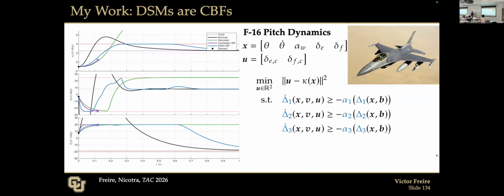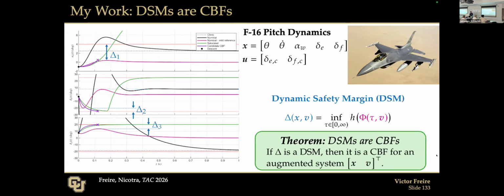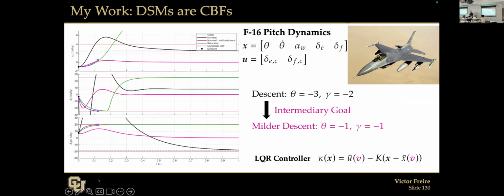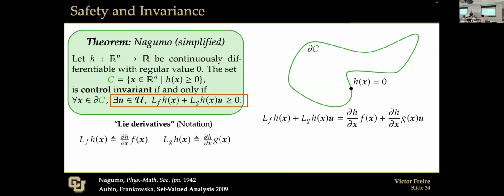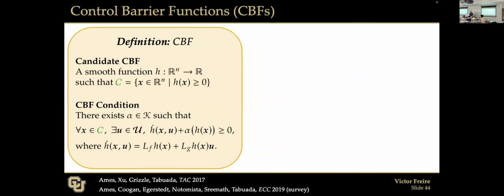Okay, I'll try to answer all of them. So the first question regarding naive CBF design. The CBFs we designed for the F-16 only satisfied this part of the definition.